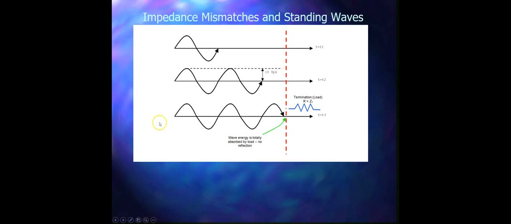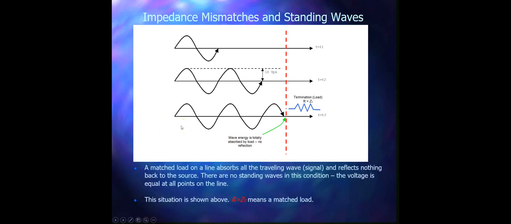This is the ideal case. A matched load on a line absorbs all the traveling waves and reflects nothing back to the source. There are no standing waves in this condition. The voltage is equal at all points on the line. The situation shown above is R equal to Z naught, meaning a matched load.